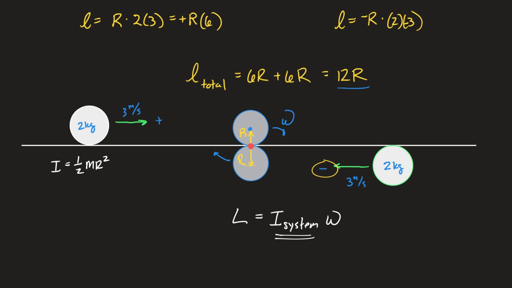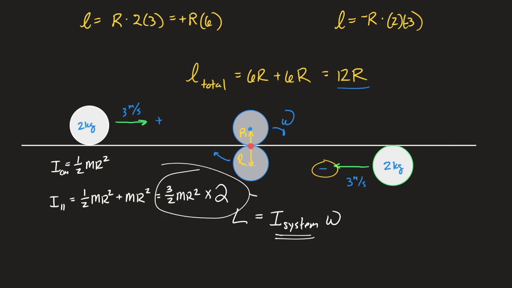So since that's the center of mass, I will have to use I parallel to find the moment of inertia of my system by shifting from the center to the edge for each disk. That'll be 1/2 mr squared, and I'm shifting it an entire radius. So each disk is going to have a moment of inertia of 3/2 mr squared. And how many disks are there? There are 2 of them.